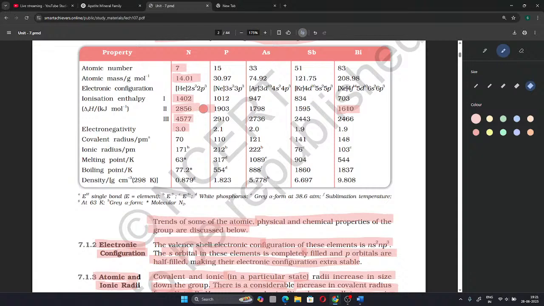If we see, it is indeed the case where the first ionization enthalpy is 1400, the second is 3000, and the third is 4500 or 600.